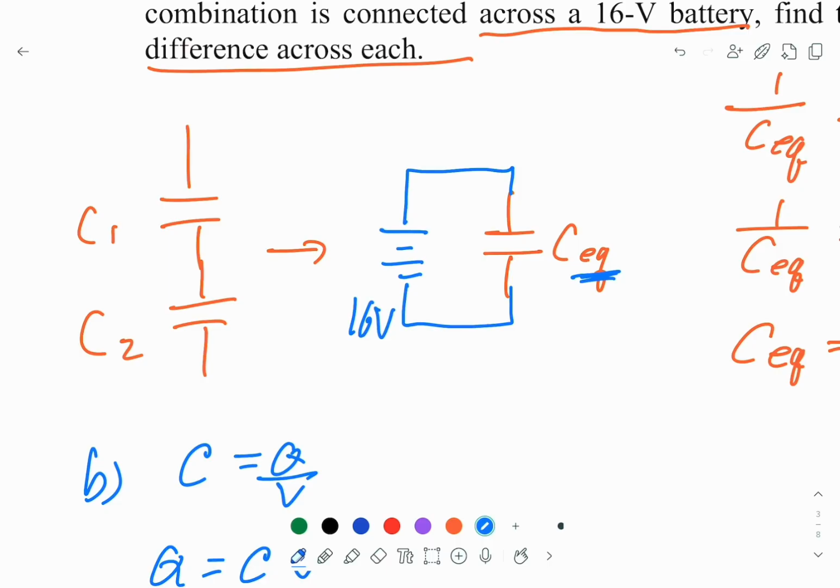Now let's look at the charge distribution on the two capacitors. If on the total or equivalent capacitor there is a Q here, this is positive, this is negative. We'll find that on the original two capacitors, this is also Q positive, Q negative, Q positive, Q negative. You can think of it like this.